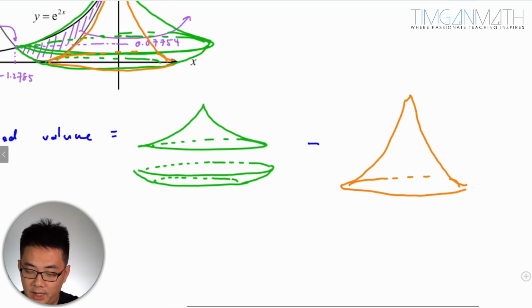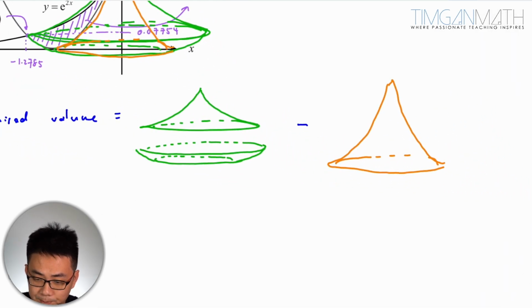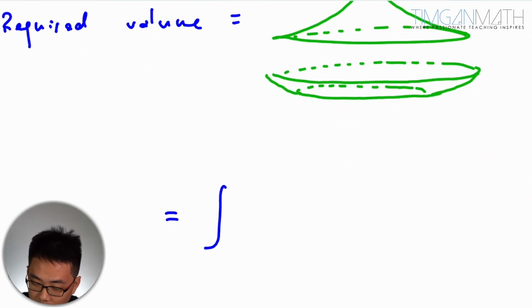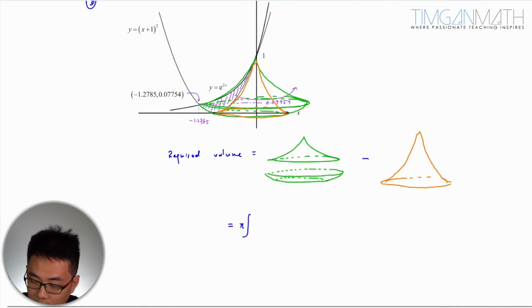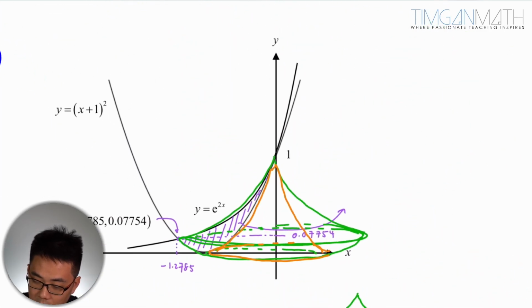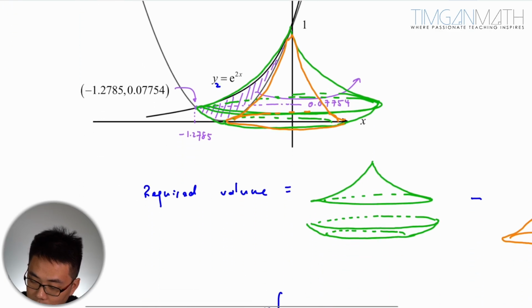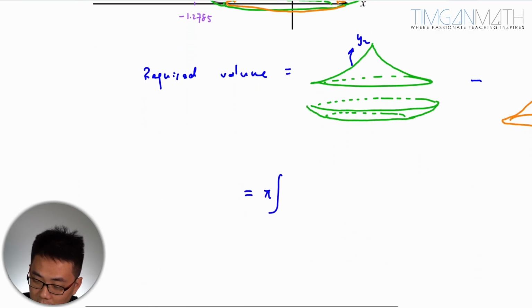Okay, so let's try and write down the integral for each of these. So the first one, this top integral here, will just be pi. Let us just label each. Let's say this is y1, and this is y2. Because this curve here is y2, so this is x2 as well. So I'm using dy, rotate about the y-axis.